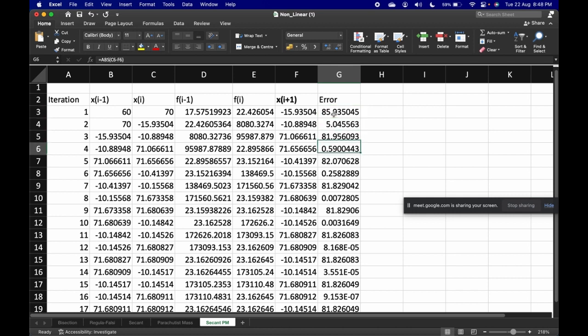It is reducing, increasing, reducing, increasing. So you should use discretion.